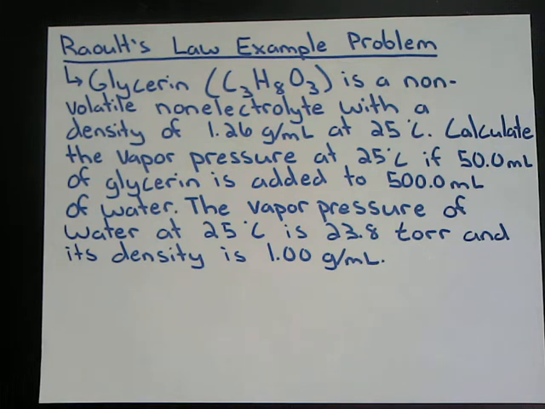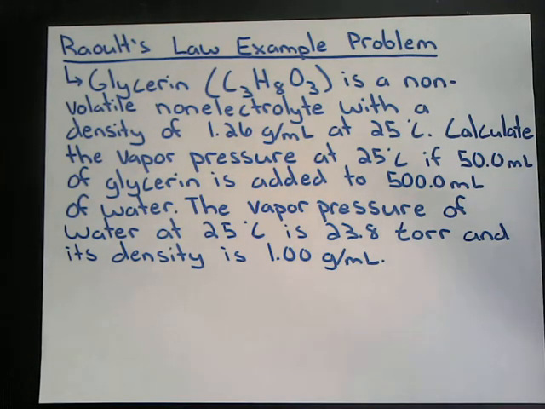We want to calculate the vapor pressure at 25 degrees Celsius if 50.0 milliliters of glycerin is added to 500.0 milliliters of water. The vapor pressure of water at 25 degrees Celsius is 23.8 torr. And the density of water is 1 gram per milliliter.